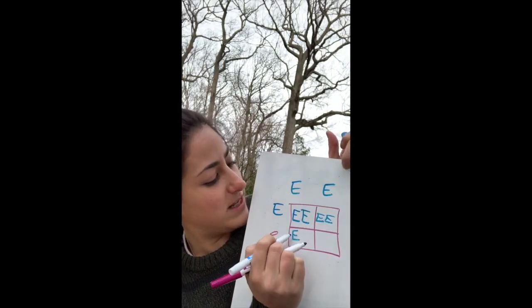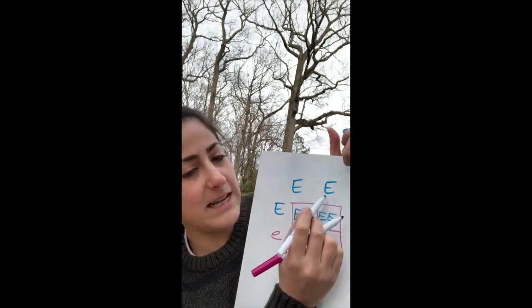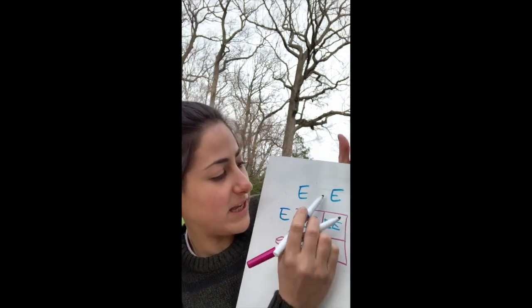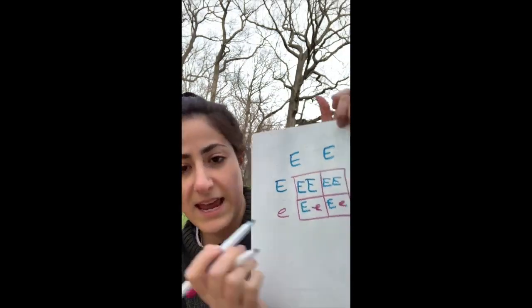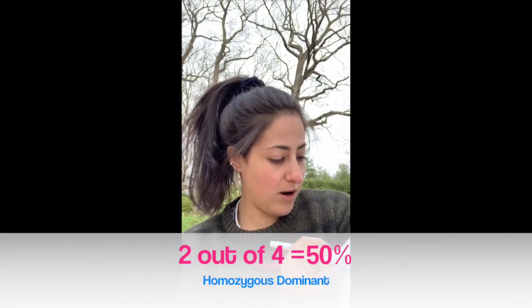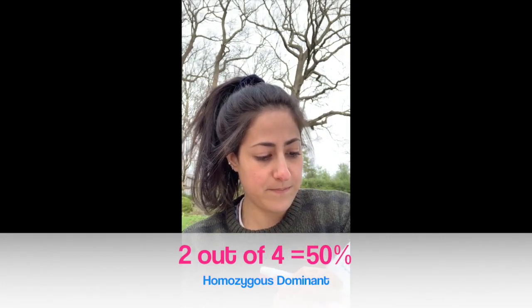So this E from the top came down here, this little E comes next to it, and same again, for convention, we start with the capital. This E comes down from the top, and this E comes across, and we end up with 2 out of the 4 boxes homozygous dominant, so 2 out of 4 is 50%.